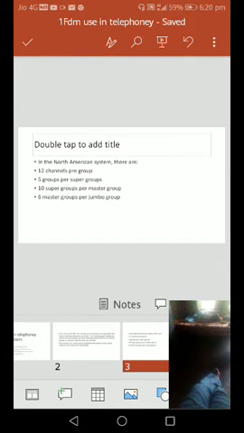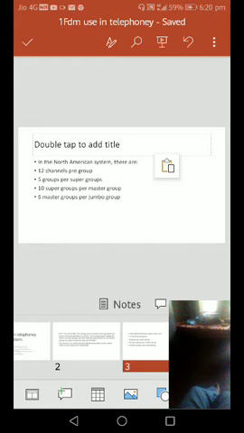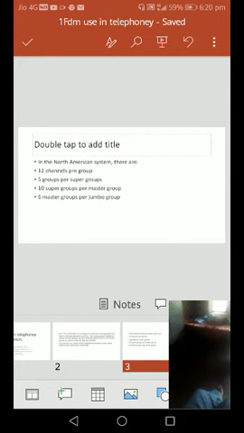So 6 master groups are called a jumbo group, 10 super groups are called a master group, 5 groups are called a super group, and 12 voice channels are called a group. In this way, the North American system allocates channels for these various groups.